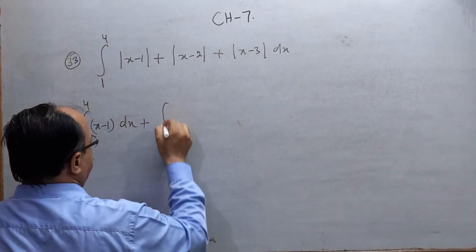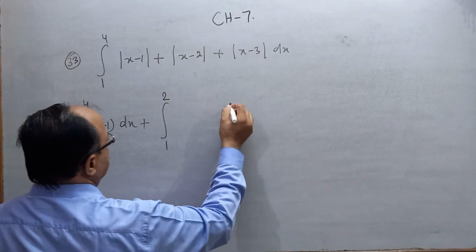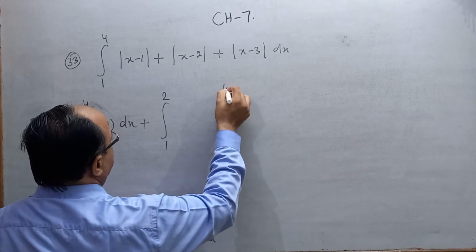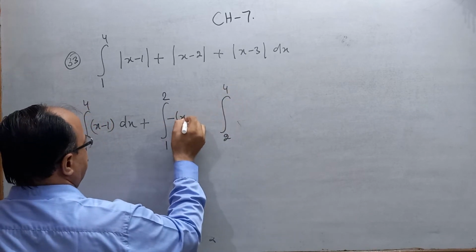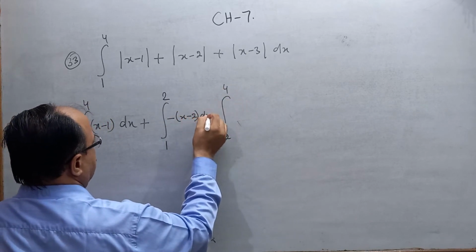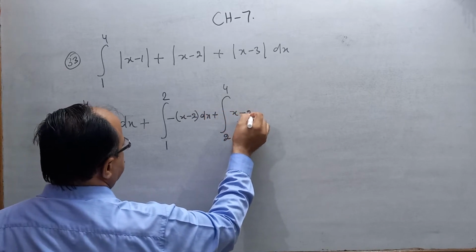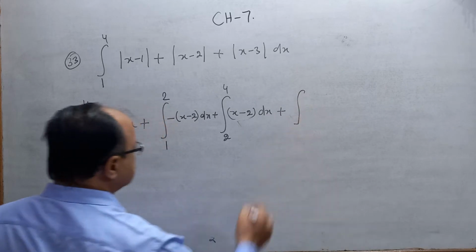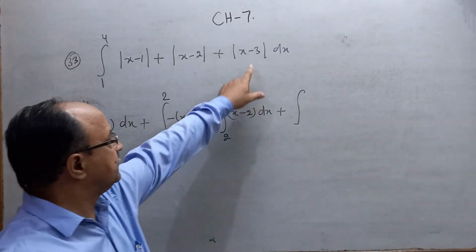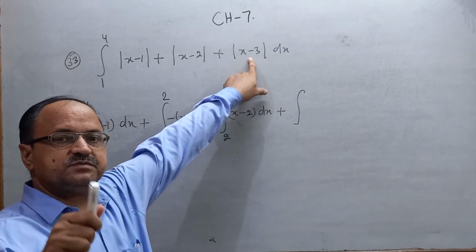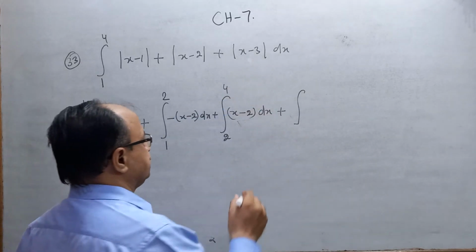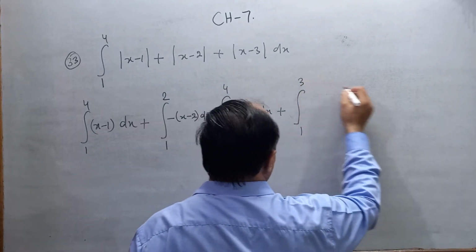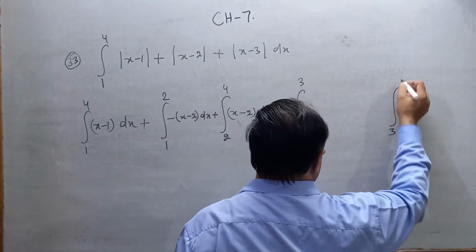Here the critical points are 1 to 2 and 2 to 4, left hand side minus and right hand side plus. For this critical point, x minus 3 is equal to 0, then x is equal to 3. So 1 to 3 and 3 to 4.